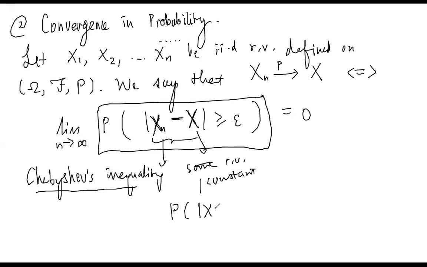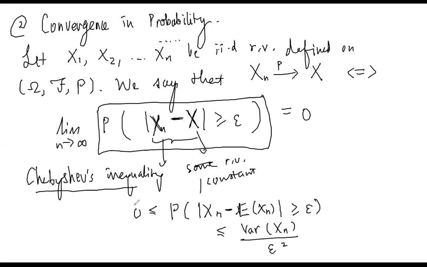By Chebyshev's inequality, suppose this is the expectation of Xn, then the probability that the deviation is greater than epsilon is bounded by the variance of Xn over epsilon squared, and of course the lower bound is 0.